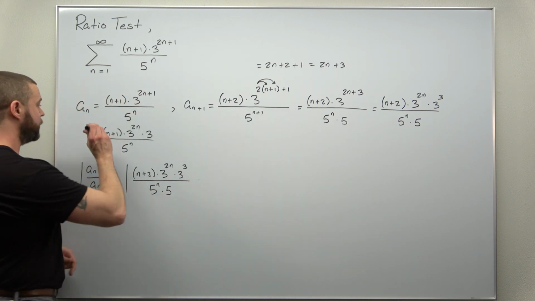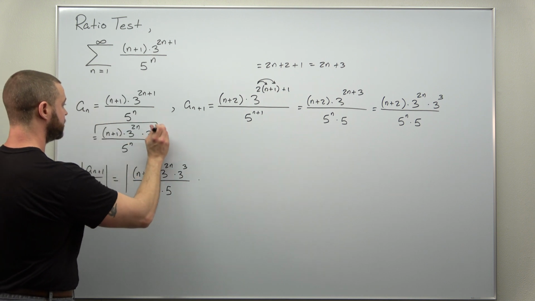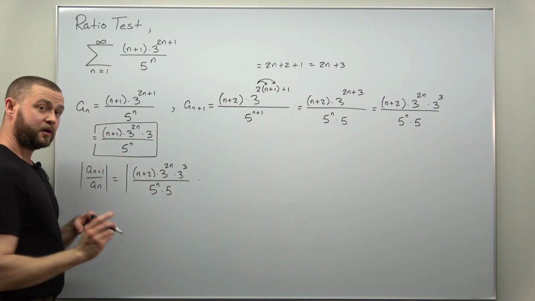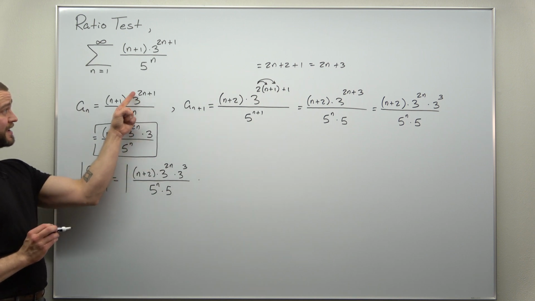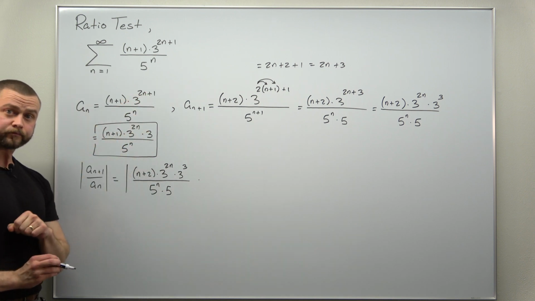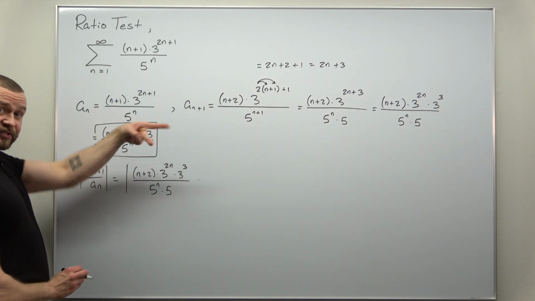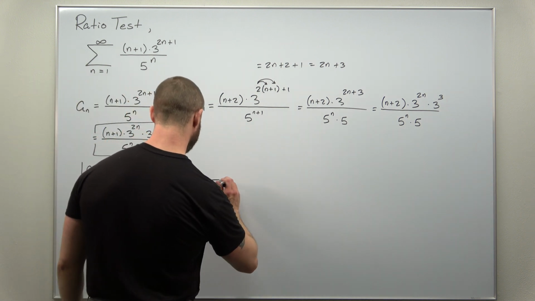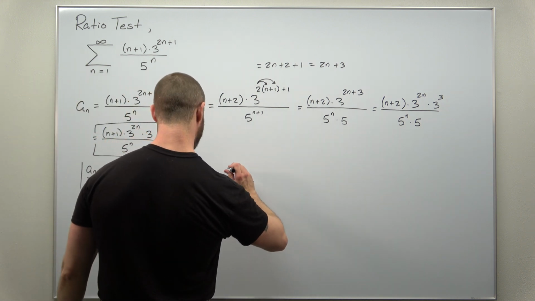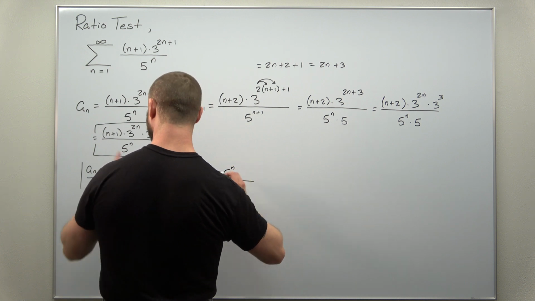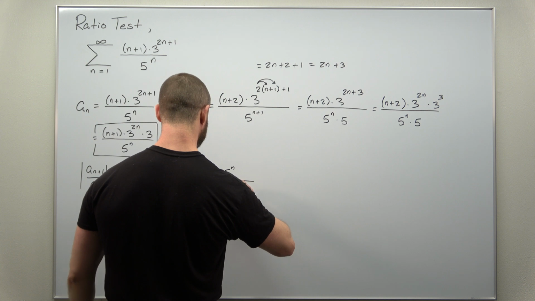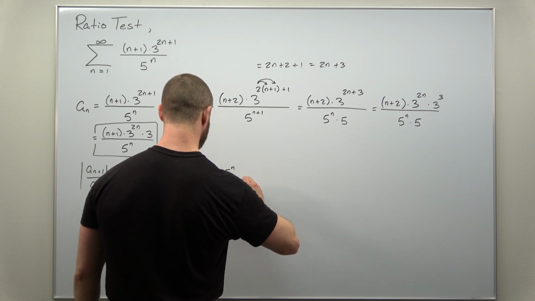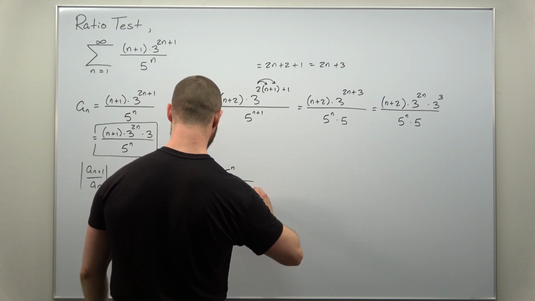And be careful, we're using this version for a sub n, where we split up, using our exponent trick, 3 to the 2n plus 1. All right, divide by a sub n, multiply by that reciprocal. We're going to multiply now by 5 to the n divided by n plus 1 times 3 to the 2n times 3.